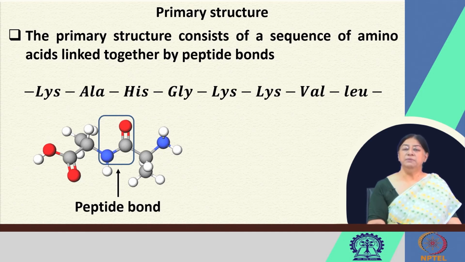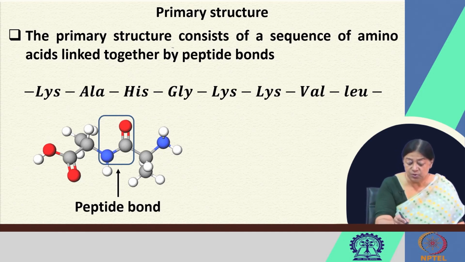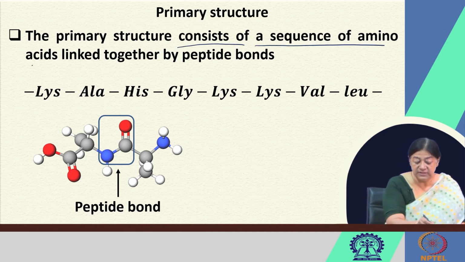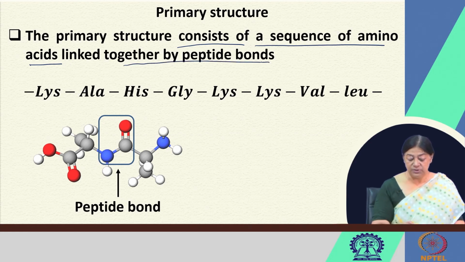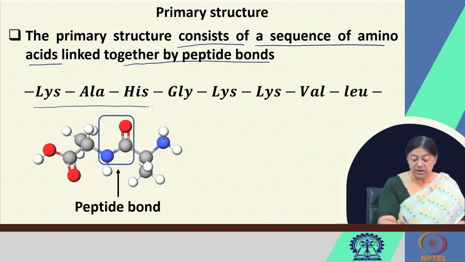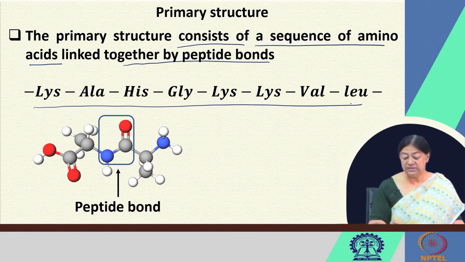When we look at the primary structure of proteins, they consist of the sequence of amino acids, as we found out, that were linked by the peptide bonds. So, this is our sequence of amino acids.